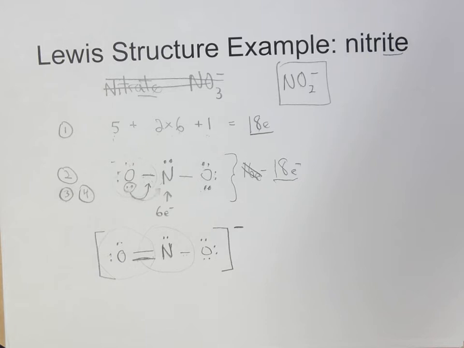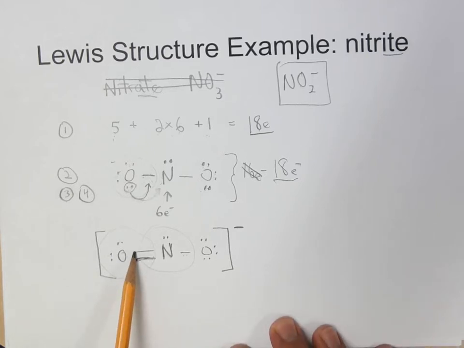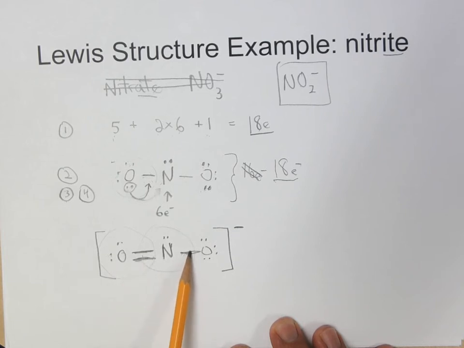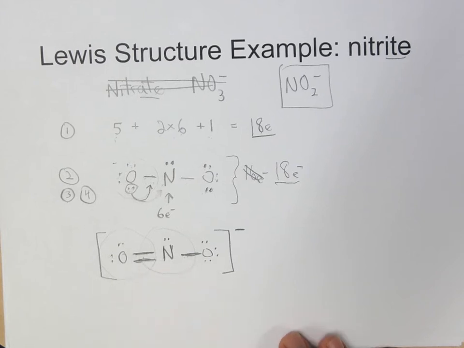And the reason they'd call it wrong is because the double bond is indicating that the nitrogen-oxygen bond on the left is going to be shorter and stronger than the nitrogen-oxygen bond on the right. So single bonds are weaker and longer. Double bonds are shorter and stronger. So this indicates that the 2 bonds between nitrogen and oxygen are different lengths and strengths.